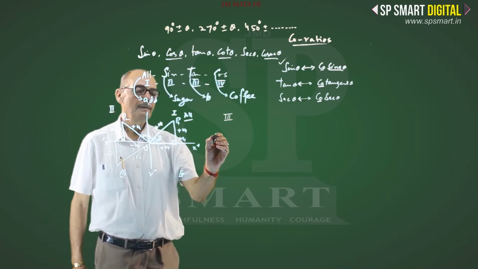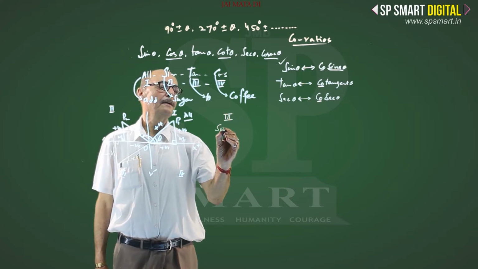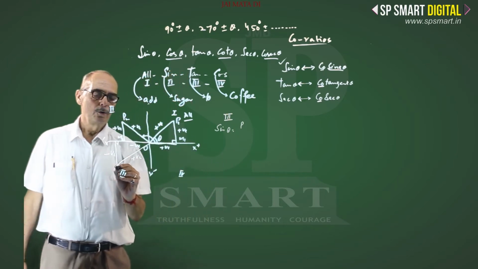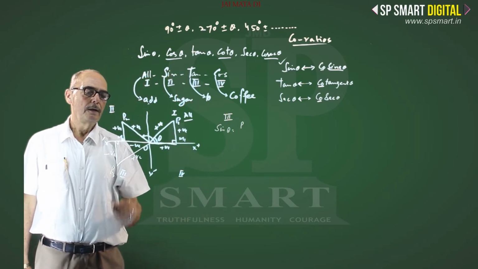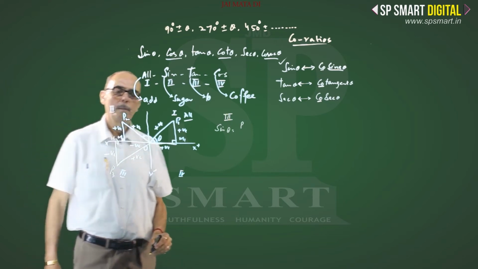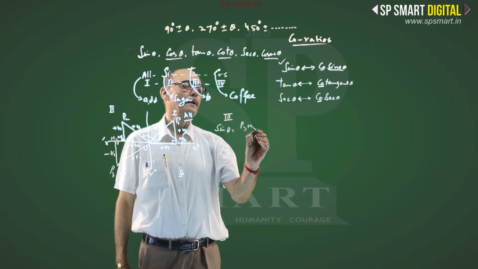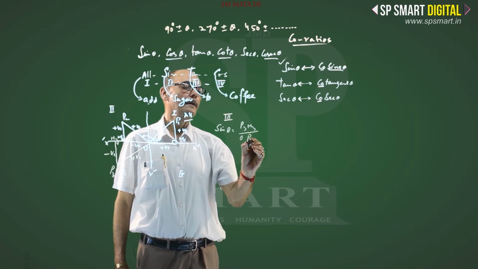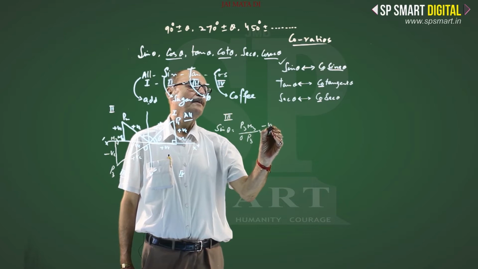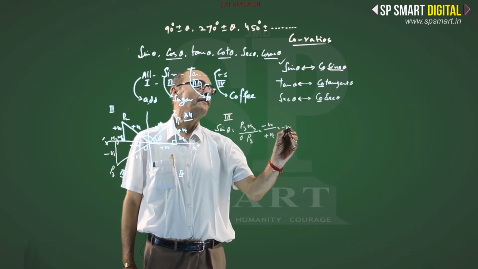So in third quadrant, sin of theta is perpendicular P3M3 upon OP3, where this is OP3 and this is M3. So this is negative, this is positive, so sin theta is negative.